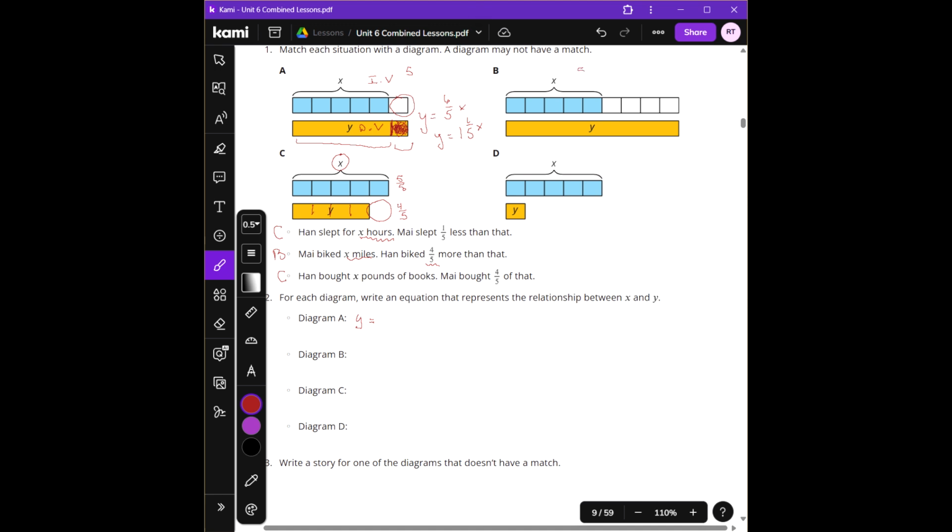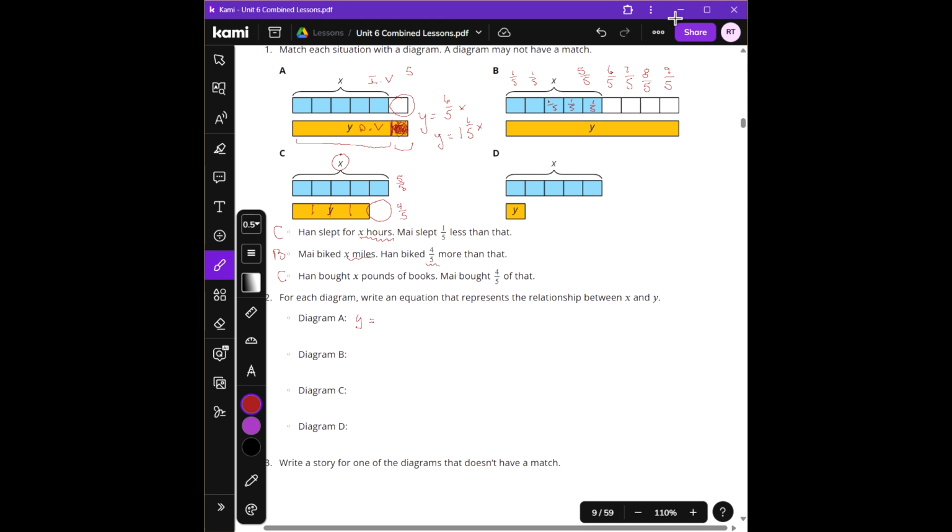So this is 5, and each one of these is going to be 1/5. This whole thing here is 5/5. But now I'm adding some more fifths. So this right here would be 6/5, this would be 7/5, 8/5, 9/5.